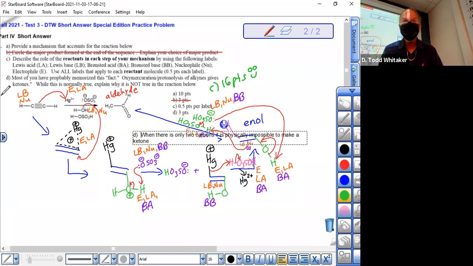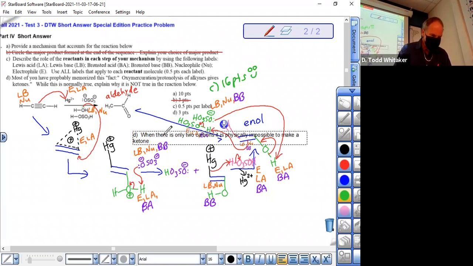There was an oxymercuration in that one too. It was where in one step we took a proton off the alkyne first and put a deuterium in its place. If you're not knowing it now, it's because it was the other section, and you'll see it in the video. You'll see it's the same wording on the top. It doesn't have a part D because that one did have an aldehyde and a ketone.